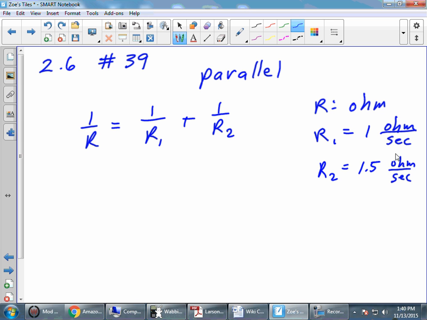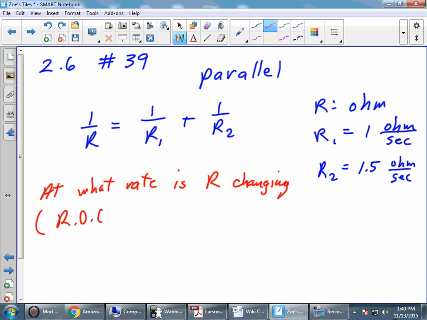We know those are increasing at those rates, and it says at what rate is R changing. Again, they're asking for a derivative. If it says at what rate is something changing, rate of change implies derivative. I'm going to even say dR/dt. That's what we're going to be looking for down the road.